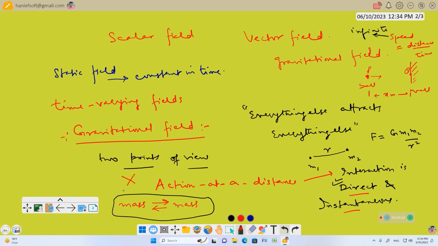The point of view with regard to the interaction between two masses, which uses the idea of action at a distance, is discarded because it violates the speed limit postulate set by the special theory of relativity and established through various experiments done in different laboratories throughout the world.